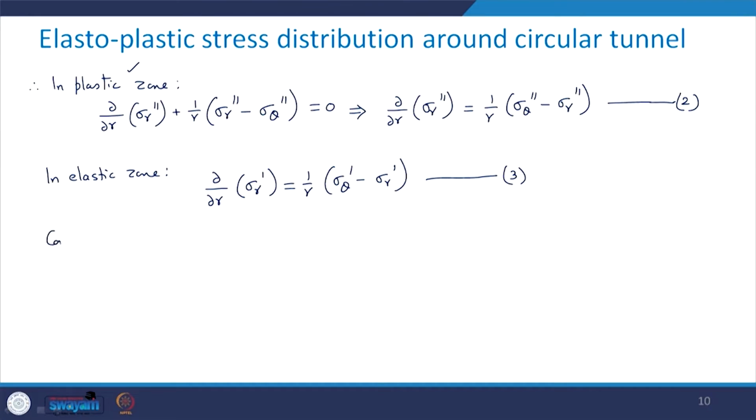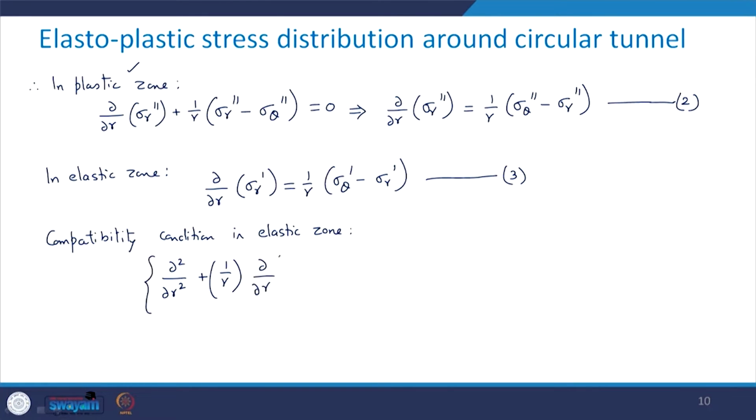Now, what will be the compatibility condition in the elastic zone? That will be given by del 2 del r2 plus 1 upon r del r, and this whole operator will act on sigma r prime plus sigma theta prime, which will be equal to 0. This equation is going to be equation number 4.